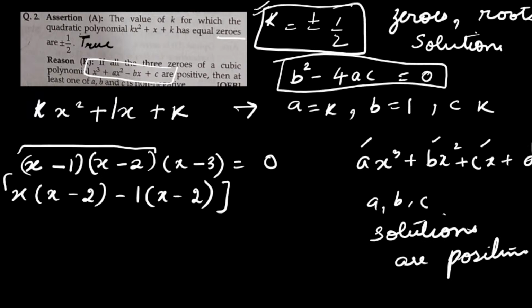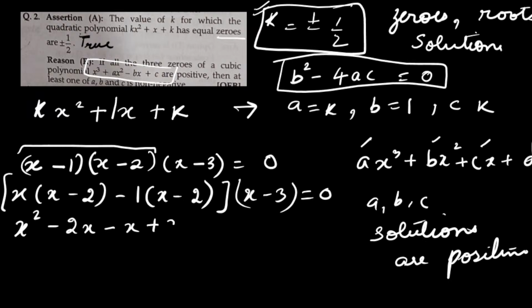This full thing we have to multiply with x minus 3 later on. Then this will become x square minus 2x minus x plus 2. Basically what I've done is just multiplication. So x square minus 2x minus x minus... whenever minus is outside the bracket you have to change the sign. So it became plus 2, into x minus 3.